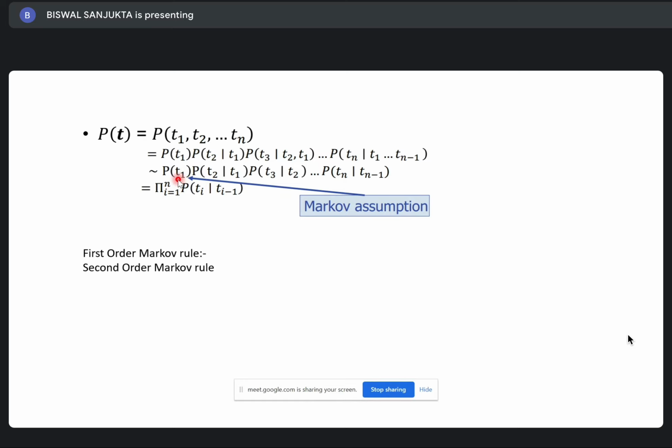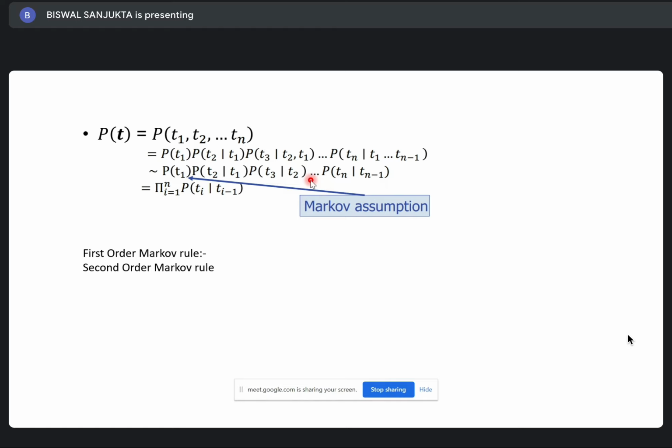In that case, we have the initial probability of the first event, then the probability of the second event given the first, and the third given the second. Here, if you see, we are excluding T1. We are only taking just the previous one. So it is the probability of the last event given just its previous one. That is what the Markov assumption is.